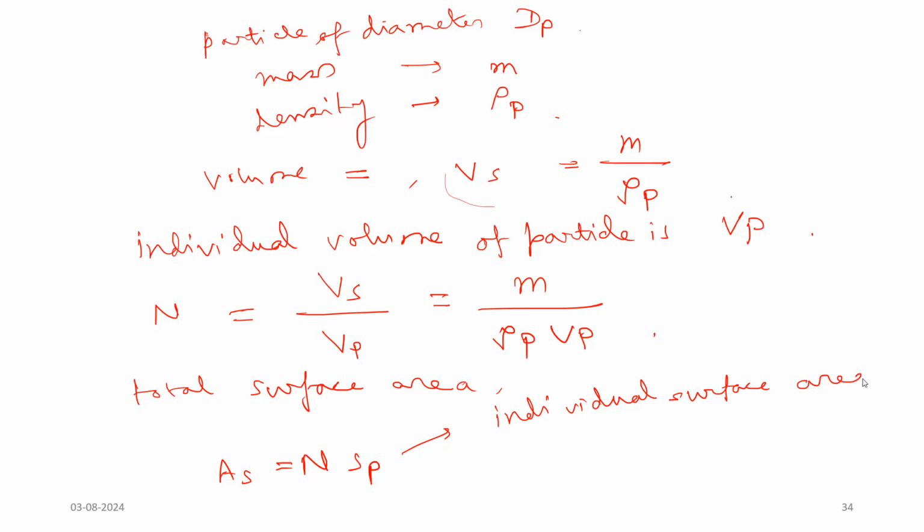Now you know the expression of n, so the total surface area is m Sp by rho p into Vp.